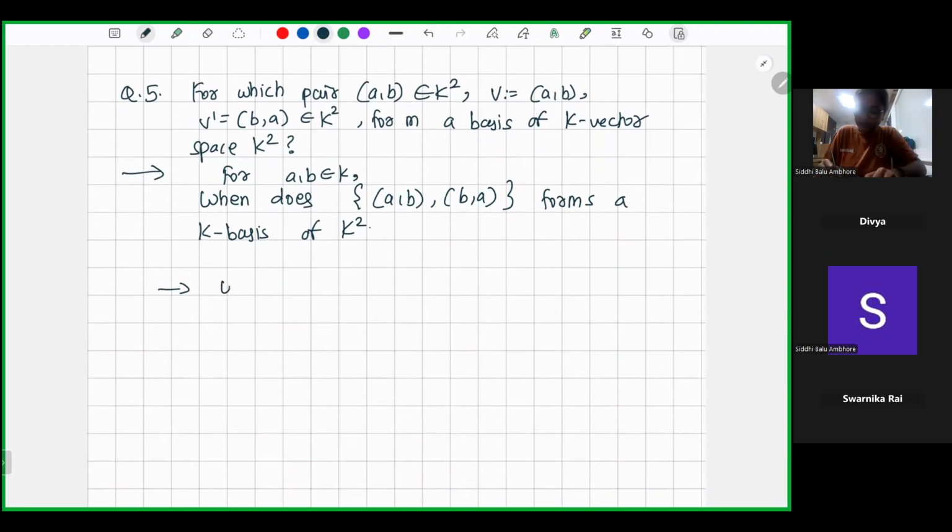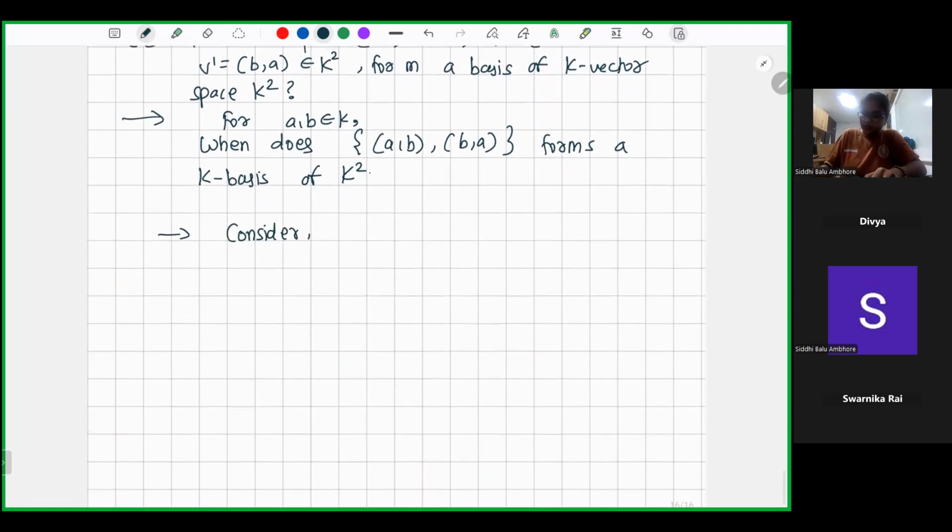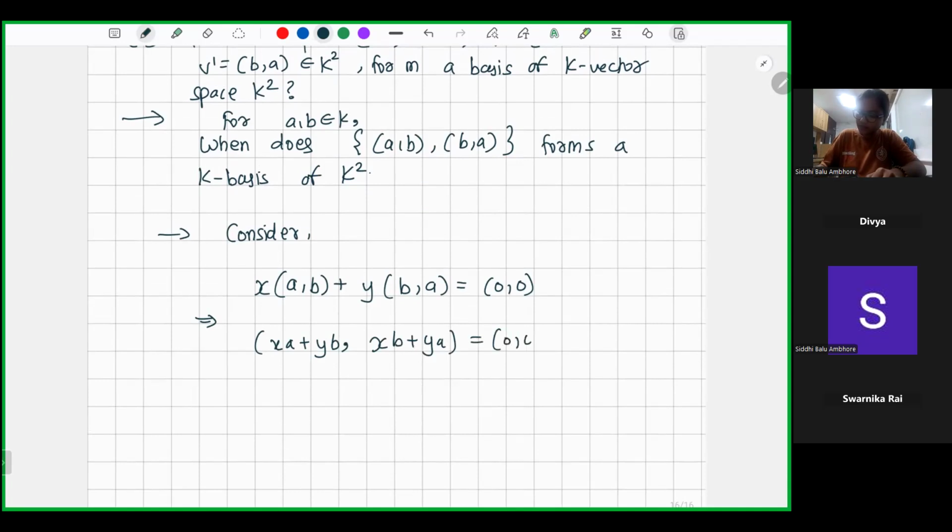Okay, so let's suppose we consider X(A, B) plus Y(B, A) is (0, 0). So this will give me (XA plus YB, XB plus YA) equal to (0, 0).